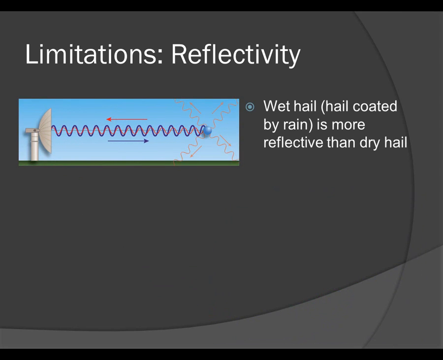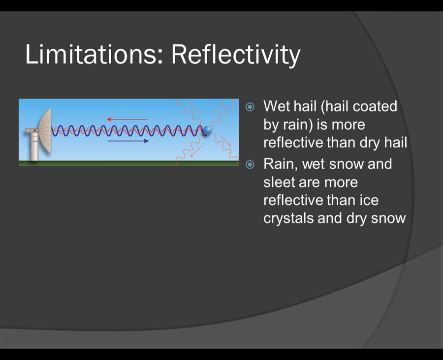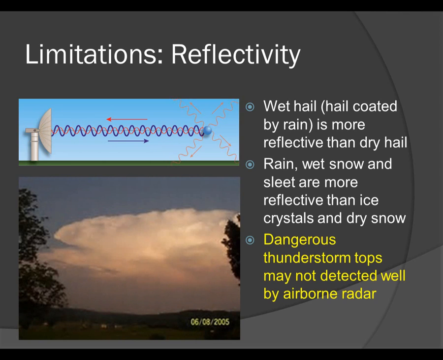So when you have a situation where you have wet hail, the airborne radar will pick that up much more easily than what you would receive from dry hail. Rain, wet snow, and sleet are also more reflective than ice crystals and dry snow. So thunderstorm tops that are comprised primarily of ice crystals are not going to be seen well on airborne radar. They are detected by the ground-based NEXRAD radar much better than airborne radar.